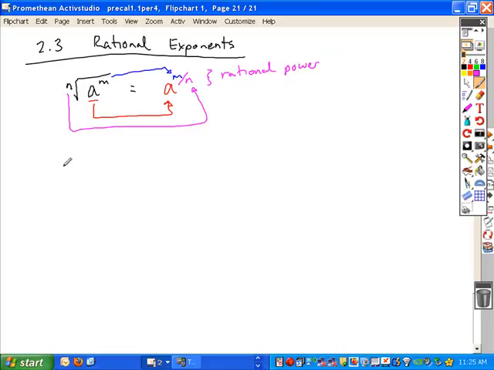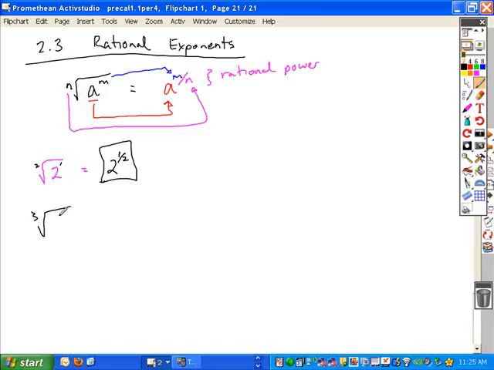Okay? So if you did simply the square root of 2, in rational exponent form, we take our base of 2, our unwritten power of 1, over our unwritten index of 2. So 2 to the 1/2 power would be the square root of 2. Those are equivalent expressions. Okay.